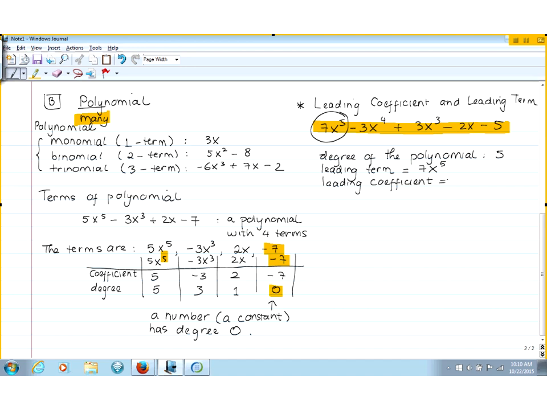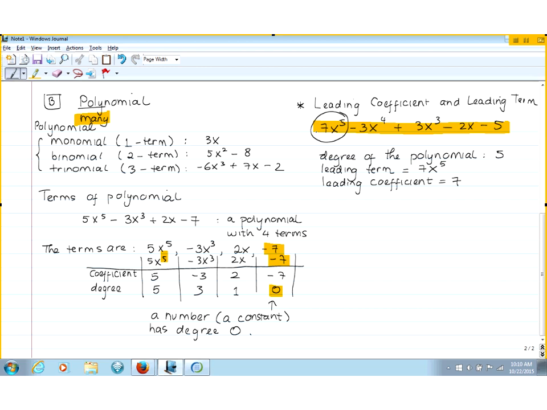What is the leading coefficient? 7, yes. Good. So in this case, we look at the polynomial as a whole. Now, here we look at each term, but in this case, we look at the polynomial as a whole.